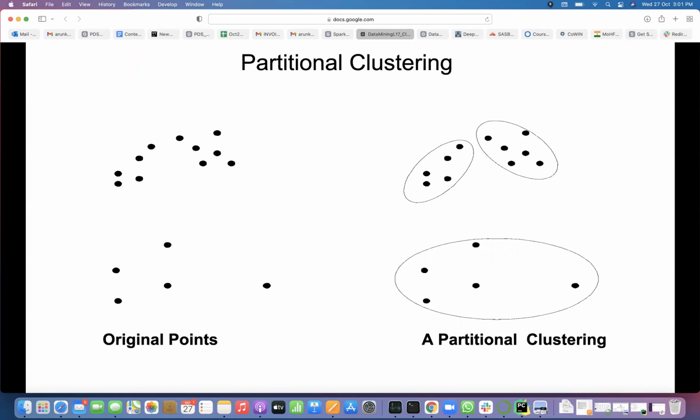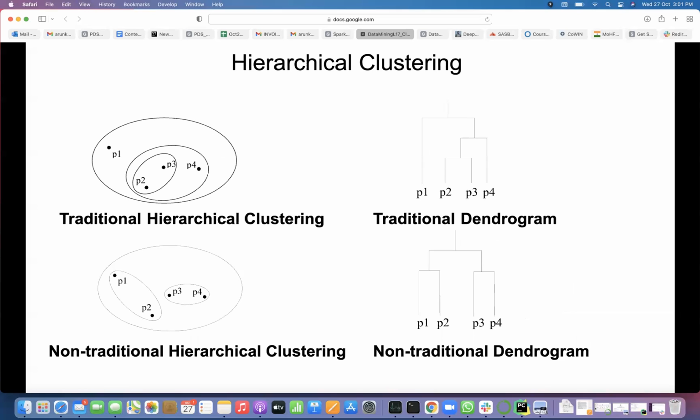So, original points here, and on the right side you can see a partitional clustering. Is there any overlapping in this clustering? No. If there is no overlapping, that clustering is called partitional clustering. Here is hierarchical clustering, traditional hierarchical clustering.